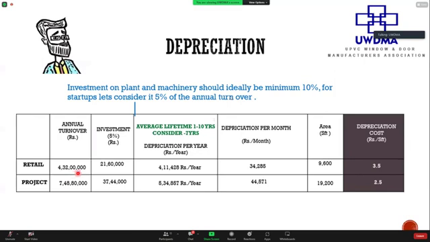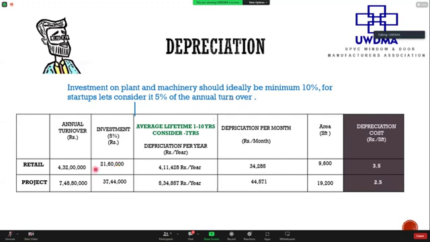Here we're taking an annual turnover of rupees 4 crores 32 lakhs, and then investment is around 5%. Why? Because investment in plant and machinery should ideally be 10%, and for startups, let's consider it 5% of the annual turnover.